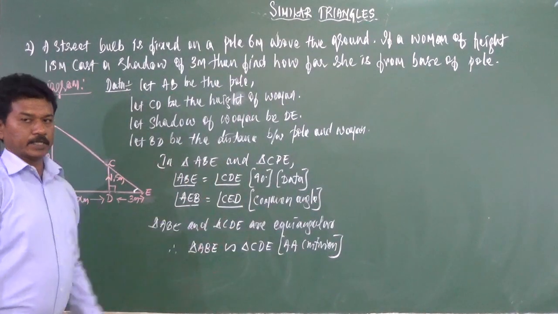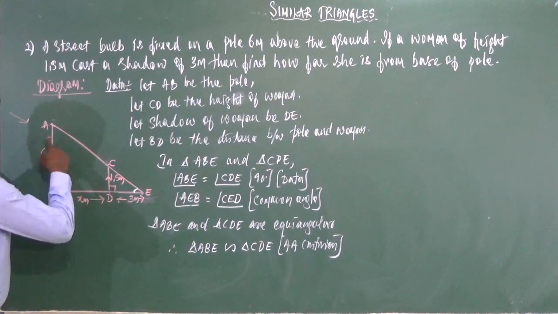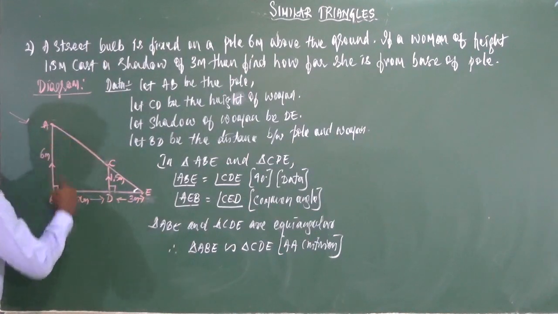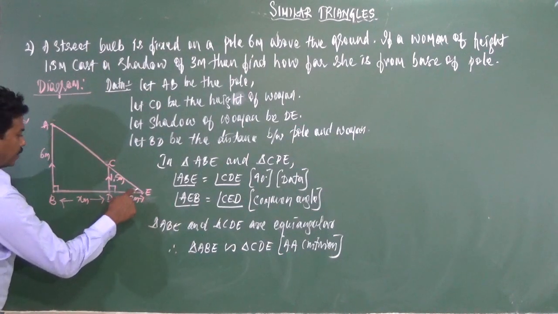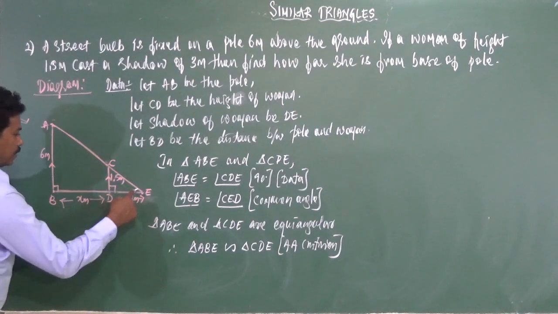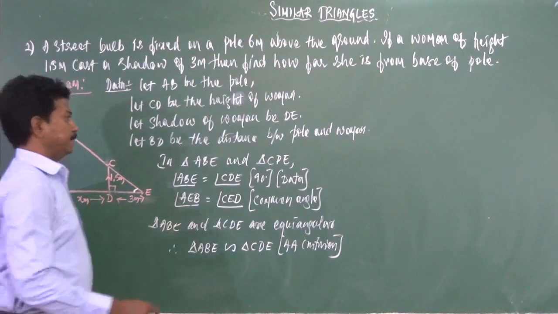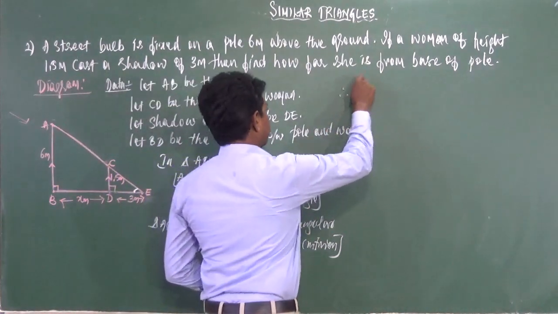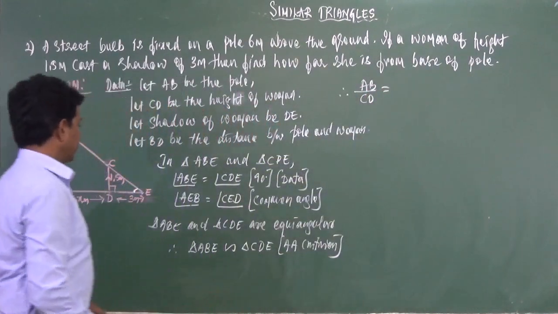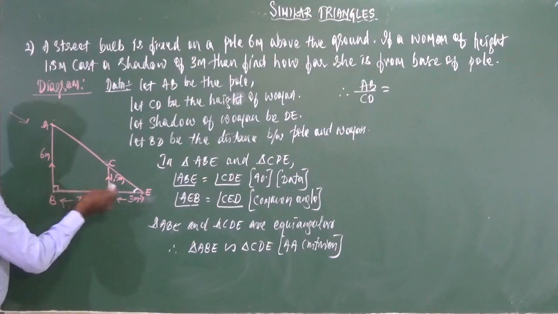Now we will take the proportionality, right? First we will write the sides opposite to the common angle. In triangle ABE, which is the bigger triangle, opposite to the common angle is AB, and in triangle CDE, opposite to it is CD. So that becomes AB by CD, which is equal to another ratio. Now I will take the third angle.